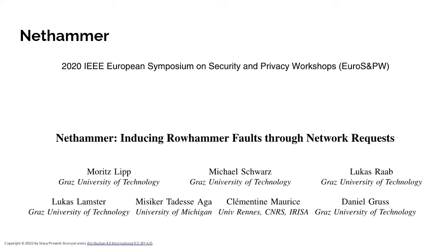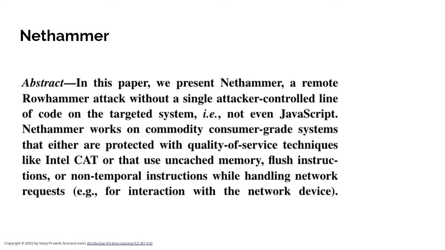NetHammer: inducing rowhammer faults through network requests. That's a thing, also in 2020, IEEE S&P in Europe. And I think NetHammer is especially interesting. We present NetHammer, a remote rowhammer attack without a single attacker-controlled line of code on the target system. Not even JavaScript.